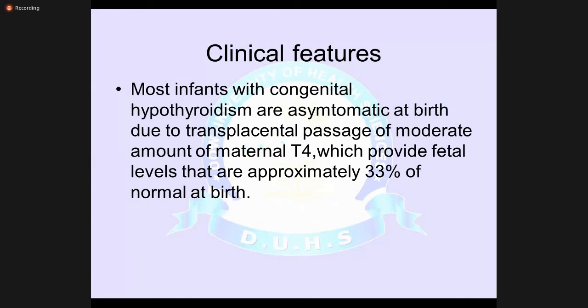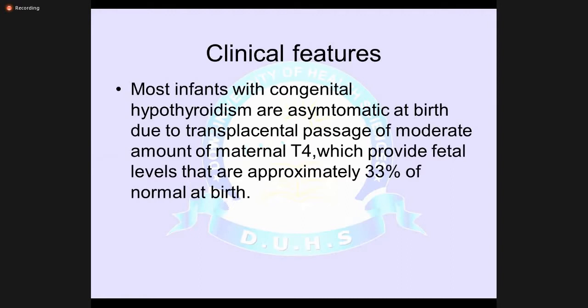Now, what are the clinical features of hypothyroidism? Most infants with congenital hypothyroidism are asymptomatic at birth due to transplacental passage of a moderate amount of maternal T4, which provides fetal levels that are approximately 33% of normal at birth.